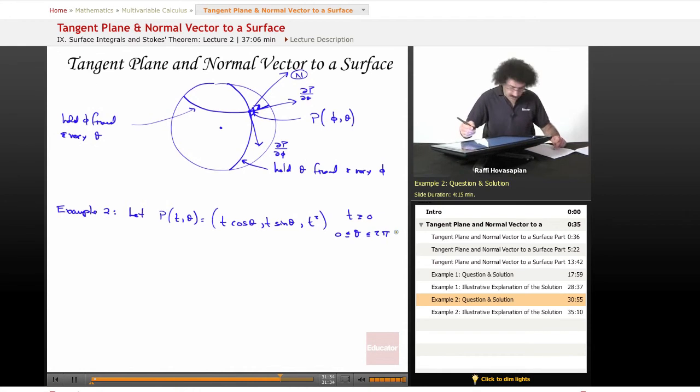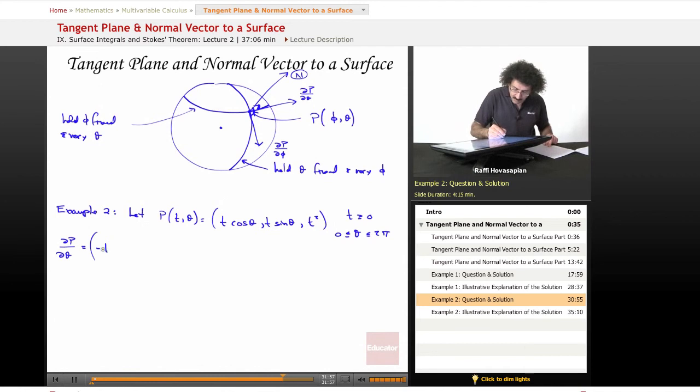Okay, so let's go ahead and calculate things. We don't even need to worry about what the surface is. It's nice to know what it is, but really we're just working algebraically. So let's just do the calculus, do the math. If we take dp d theta, let's do theta first. It doesn't matter what you take first.